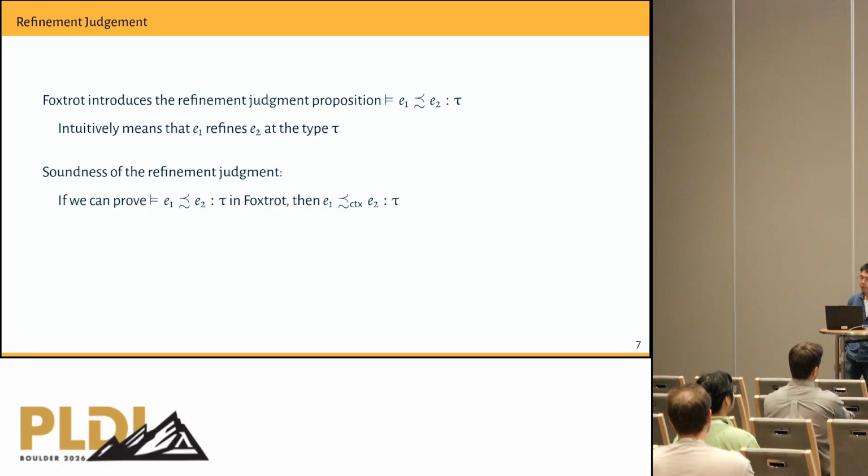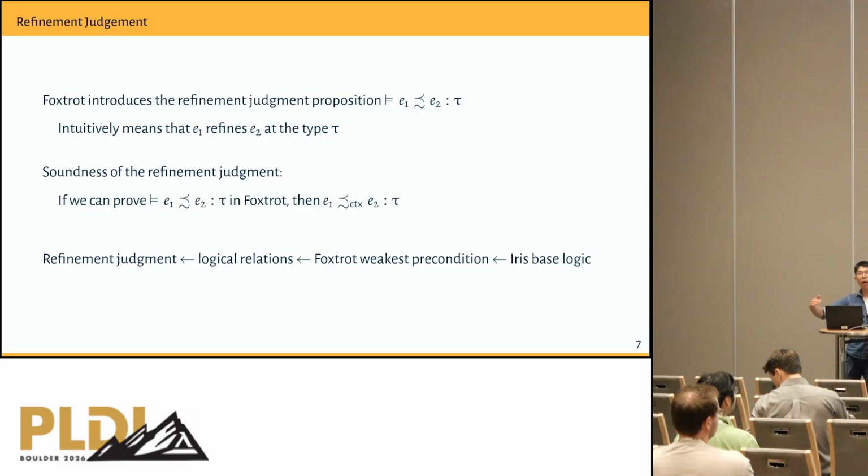To construct this refinement judgment proposition, we start off with the Iris-based logic, on top of which we build the Foxtrot model, expressed using weakest preconditions. We then construct a binary logical relation using the model, and we use the logical relation finally to define the refinement judgment proposition.